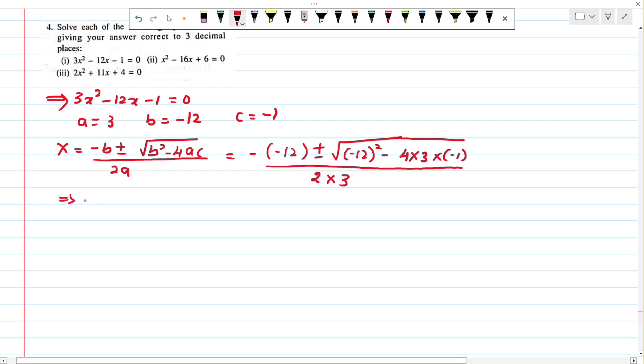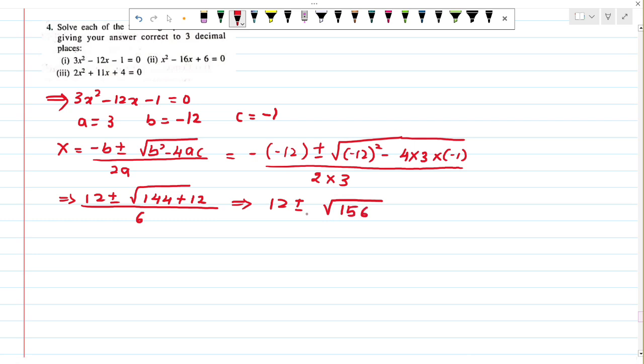If I simplify this, I'll get 12 plus or minus root of 12 square, which is 144, plus 4 3s are 12, divided by 6. So 144 plus 12 is 156, giving 12 plus or minus root of 156 divided by 6.